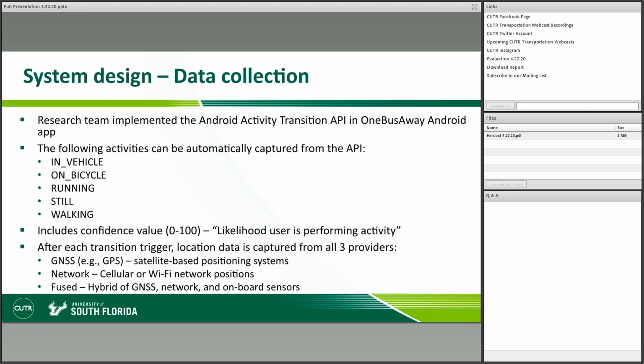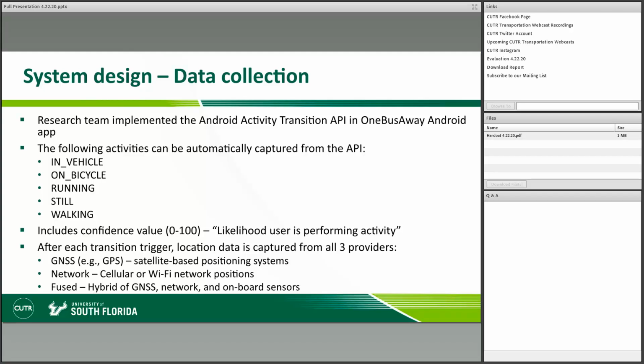So for our research project, we took advantage of both OneBusAway and the new Android Activity Transition API, and we added software to the OneBusAway app that listened for these activity transitions. As of when we were doing this project, in 2019, the activities recognized by the underlying hardware were in-vehicle, on bicycle, running, still, and walking.